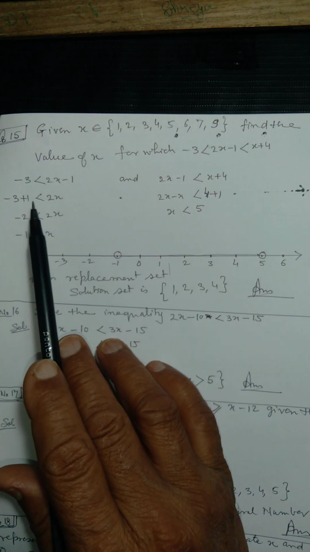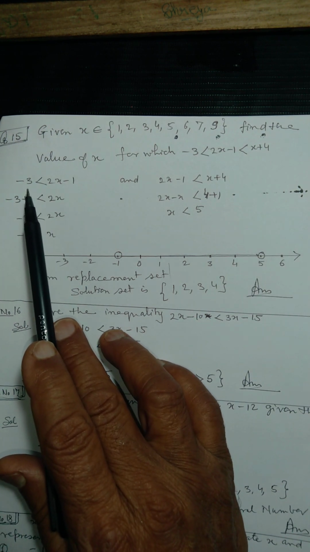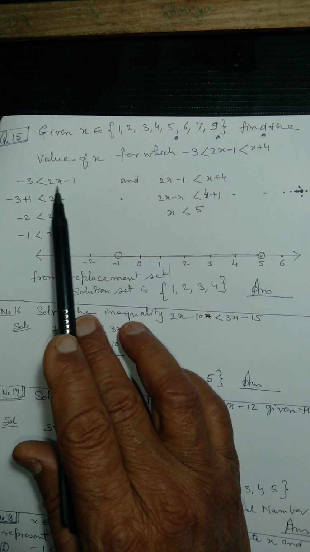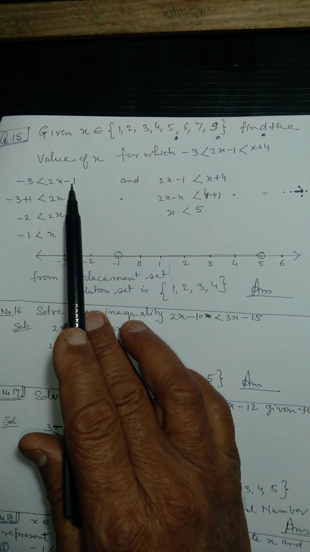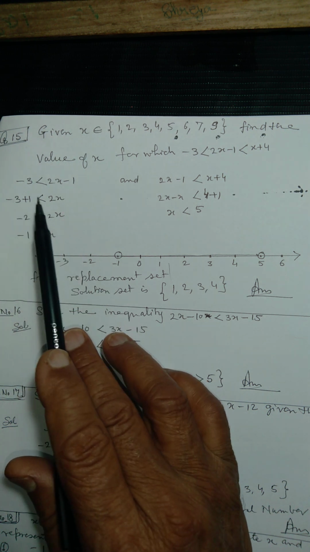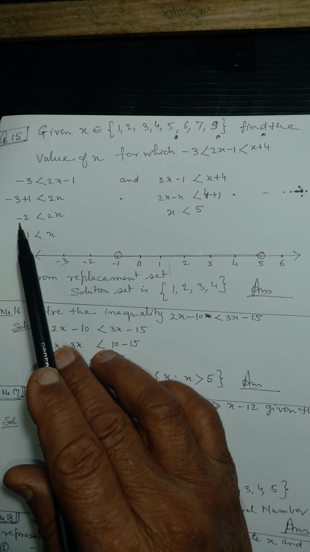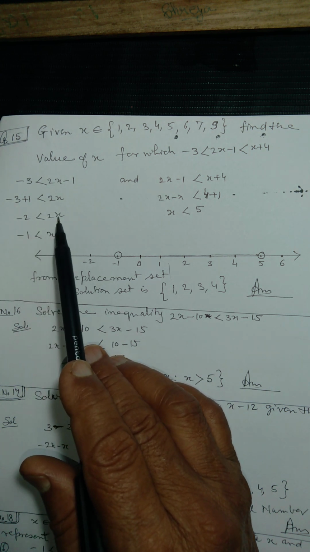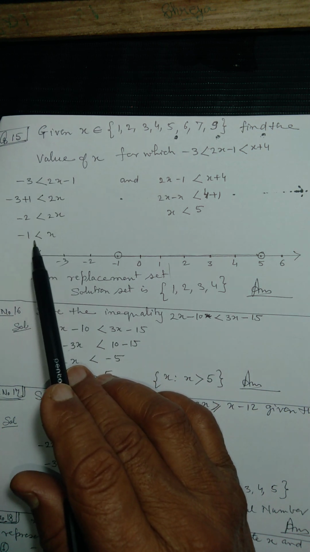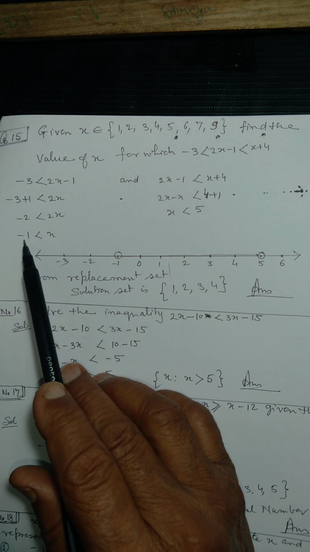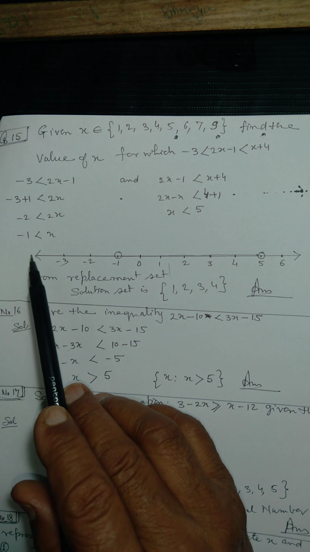You see, I have split it in two parts. So, minus 3 is less than 2x minus 1. So, transpose this minus 1 to the left hand side. So, minus 3 plus 1 is less than 2x. Again, minus 2 is less than 2x. Minus 1 is less than x.